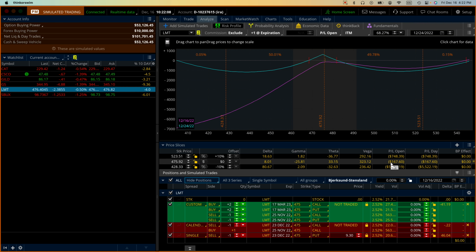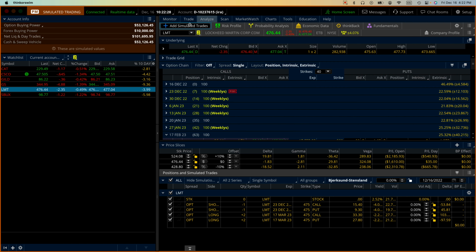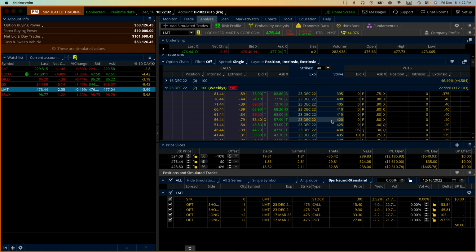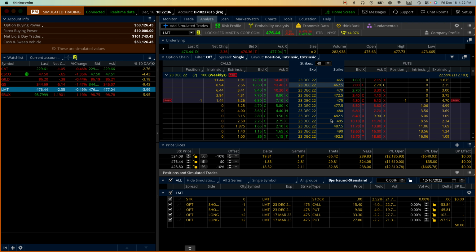But you can see that the P&L is negative 167. So that's what that looks like. This expired December the 23rd, and that's a week from now. Okay, so because we are in the center, by the time next week comes, we might lose if it goes strongly in either direction.